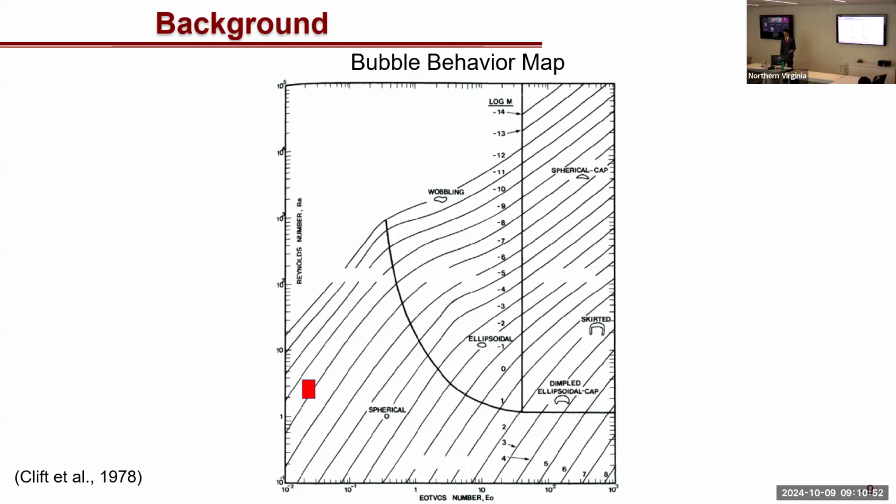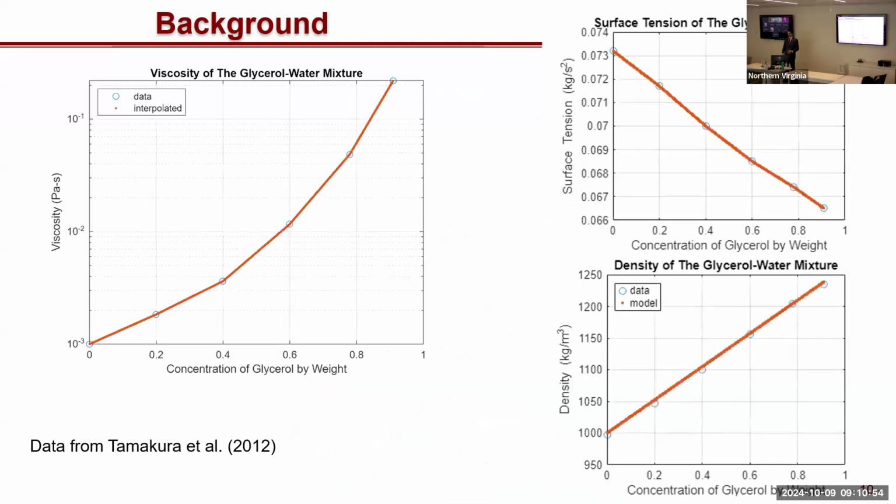creating an experimental system. So the fluid that we decided to use for the liquid in this system, for the surrogate fluid, is a mixture of glycerin and water. This was used because it can be operated at room temperature.